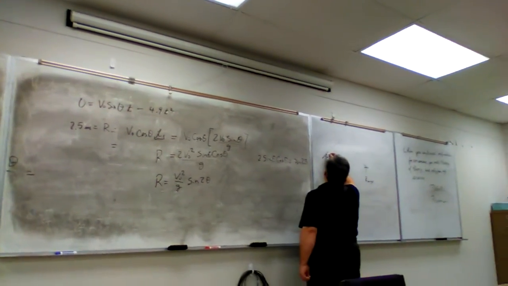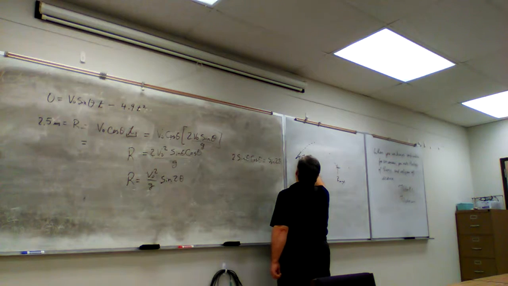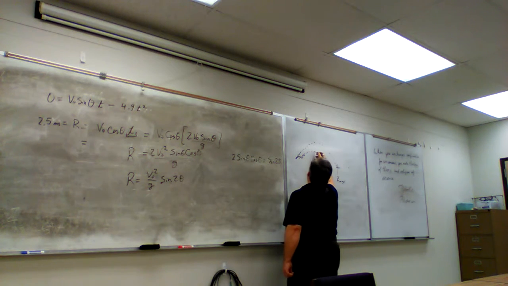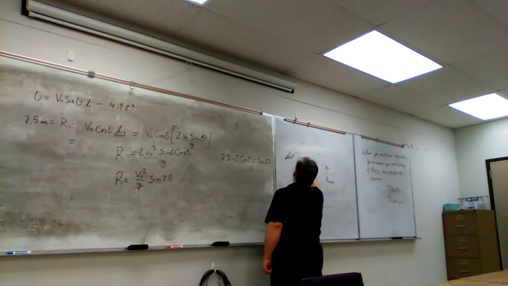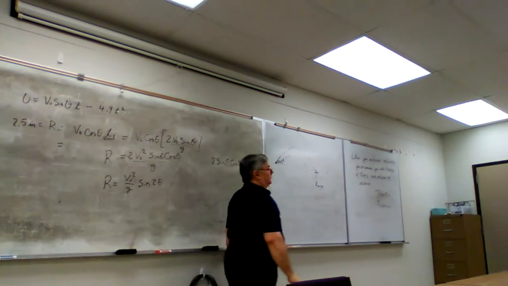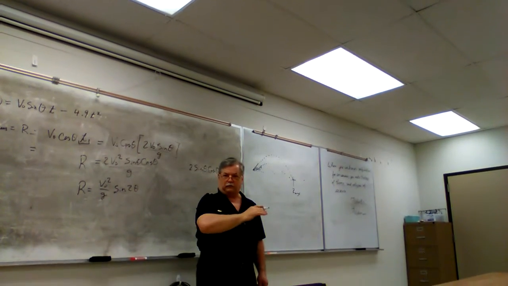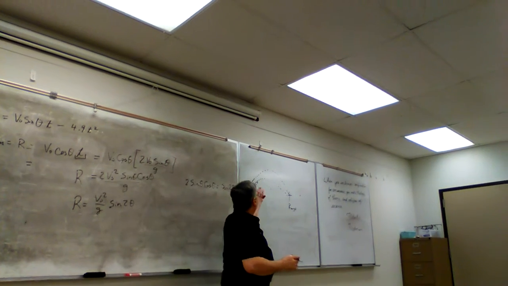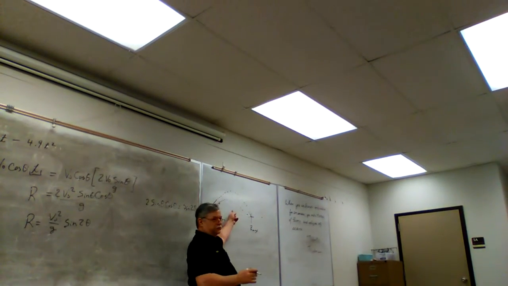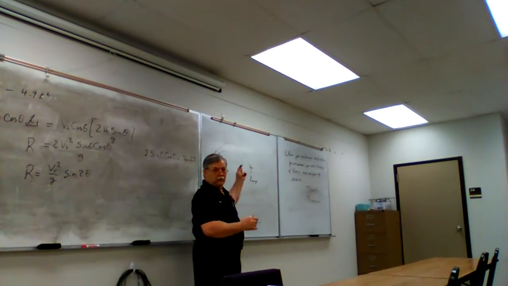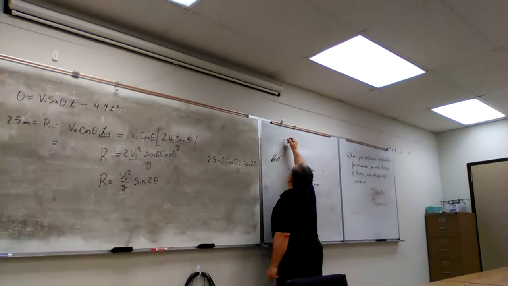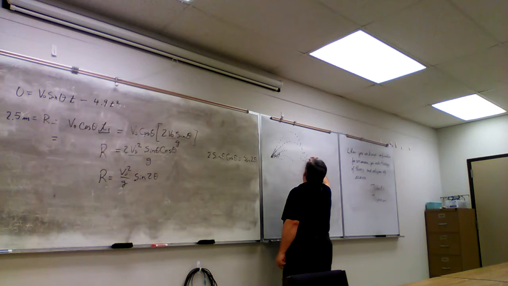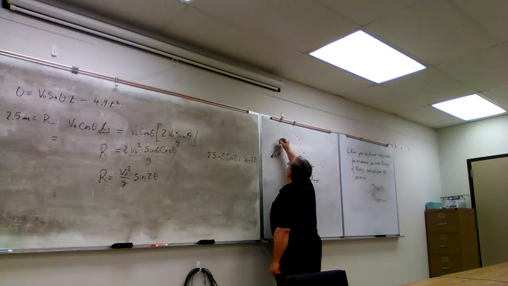But what happens if you decrease this angle? If you decrease the angle, then the water jet is going to start hitting closer and closer to you. If you increase the angle further, the same thing starts happening.